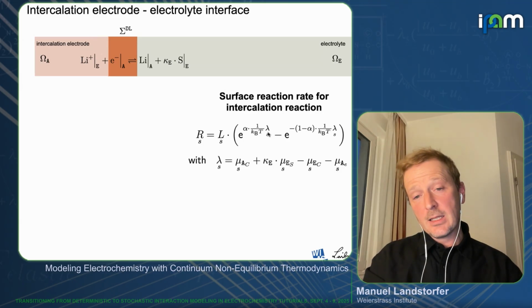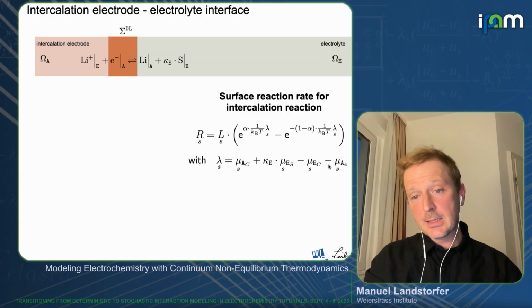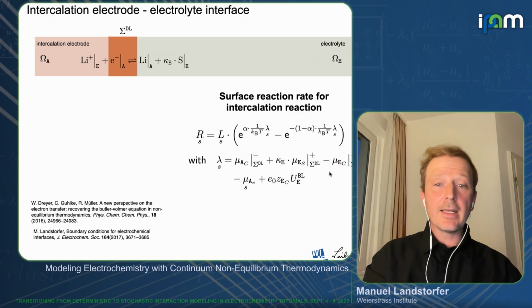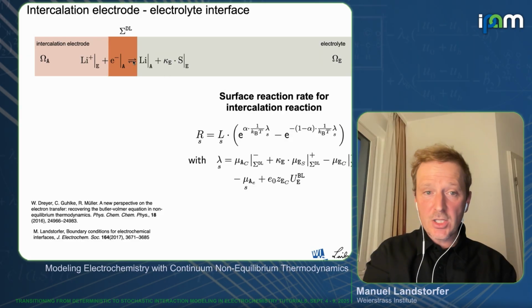So the surface affinity, the driving force for the surface reaction, is really this linear combination of surface chemical potentials. And now we can draw them back through the space charge layer. So the lithium reaction here at the interface, you pull them back through the space charge layer.